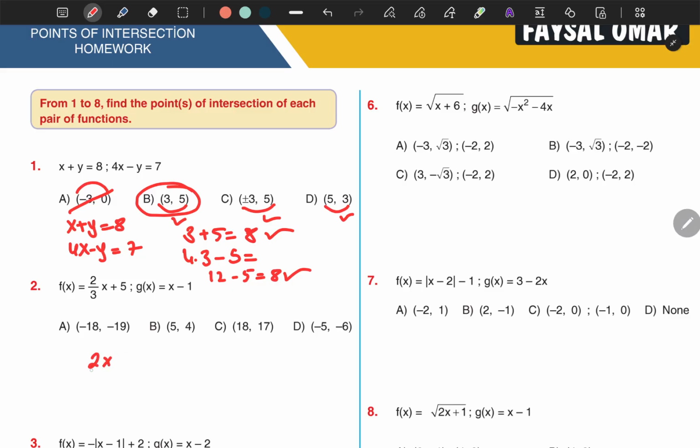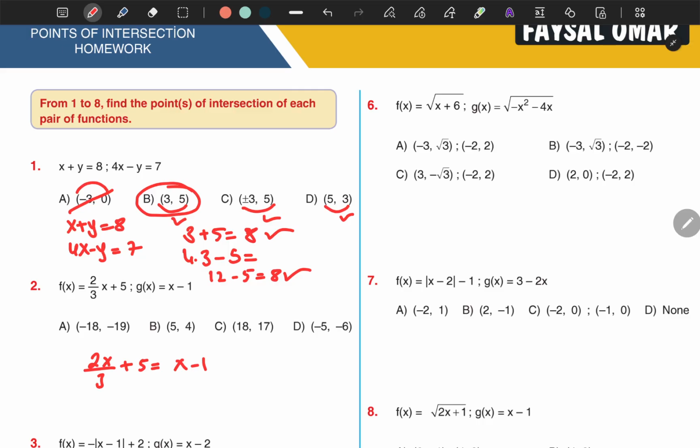For example, 2x over 3 plus 5 must be x minus 1. Let me move the 5 to the other side, negative 5. Let me erase this part and solve it from here.